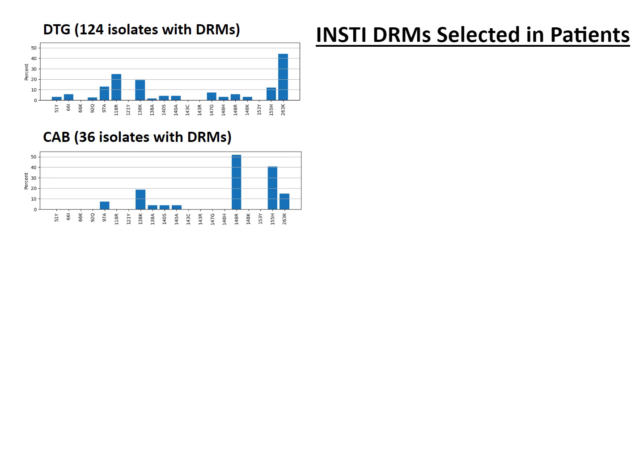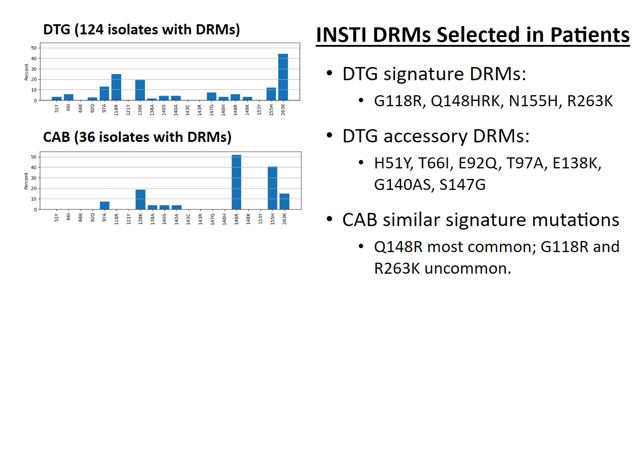This slide summarizes the mutations observed in persons receiving dolutegravir, cabotegravir, raltegravir, and elvitegravir. Dolutegravir selects primarily for signature mutations at 4 positions: G118R, Q148H, R and K, N155H, and R263K.